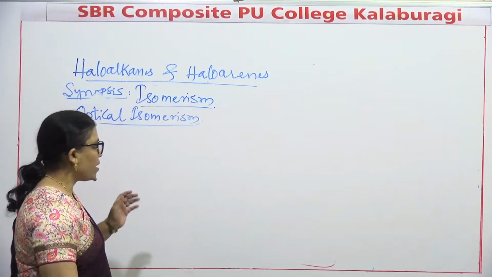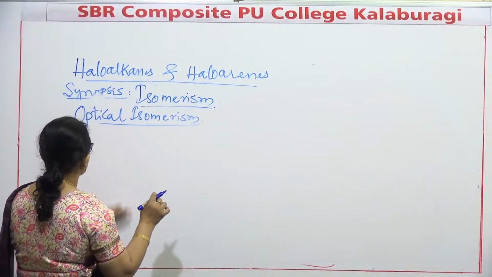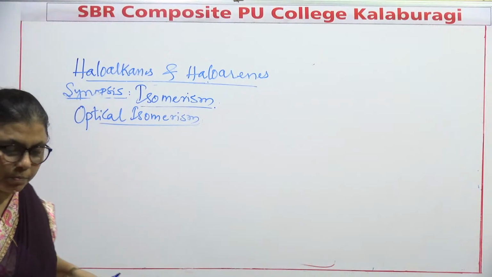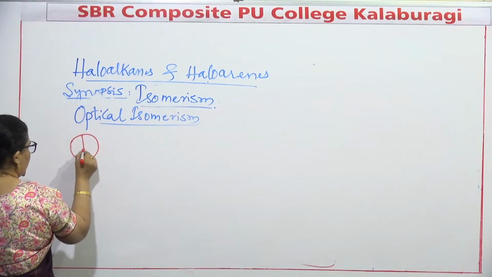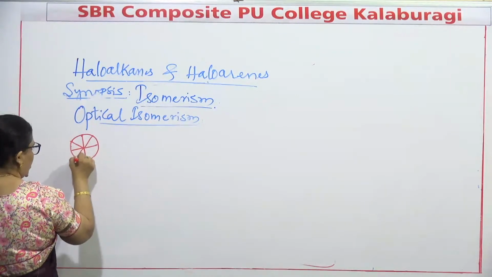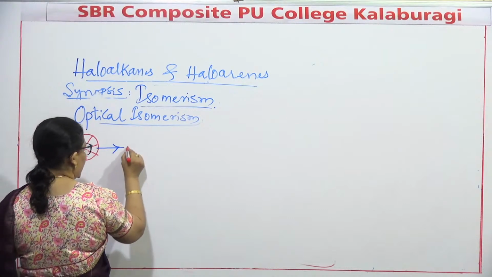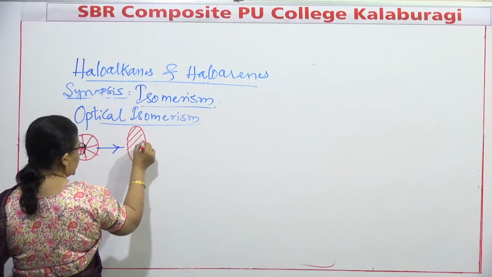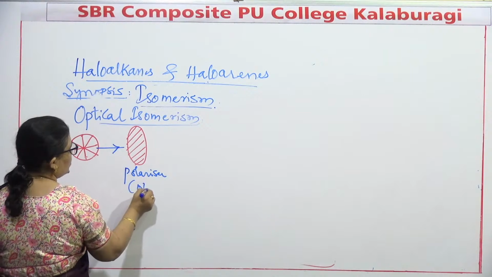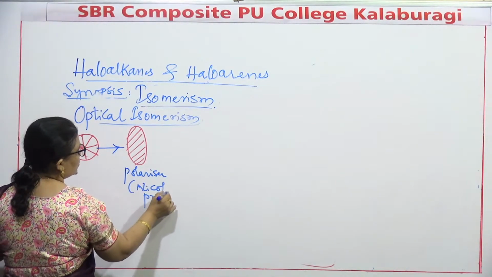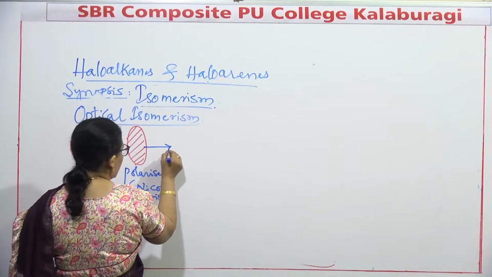Ordinary light, which propagates in all directions, when passed through a polarizer, usually a Nicol prism, you might have studied all this in physics related to prisms. Then it is converted into plane polarized light.